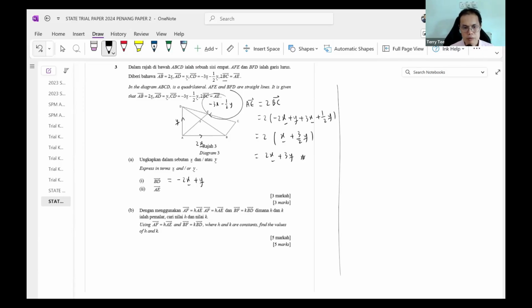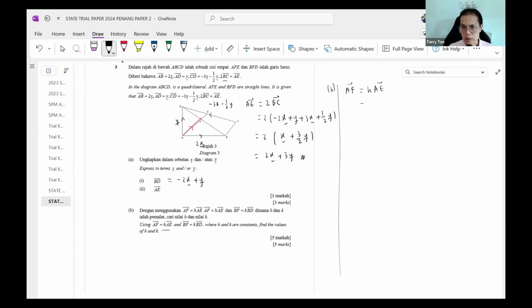Now, you are given AF. In order to use AF, I can go directly here. AF is a multiple of AE, and we already know AE. So let me work out AF in terms of AE.